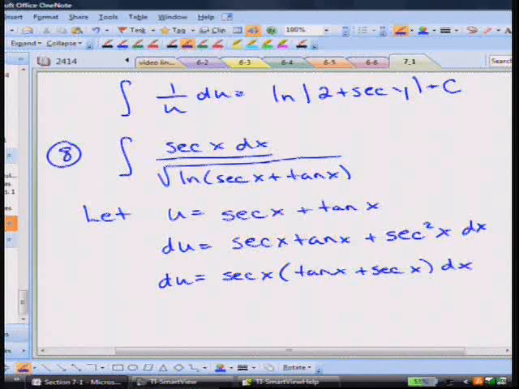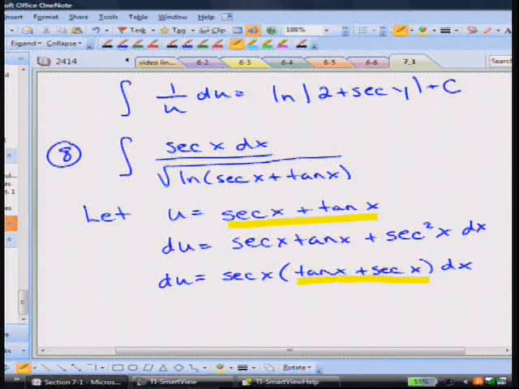And so you're probably saying to yourself, well, if this is the u, the ln u is here, and here's secant x dx, right? Secant x dx. Wait a second, when I look at this, tangent x plus secant x, isn't that what u was? Right? So I have to be really snazzy here, all right?